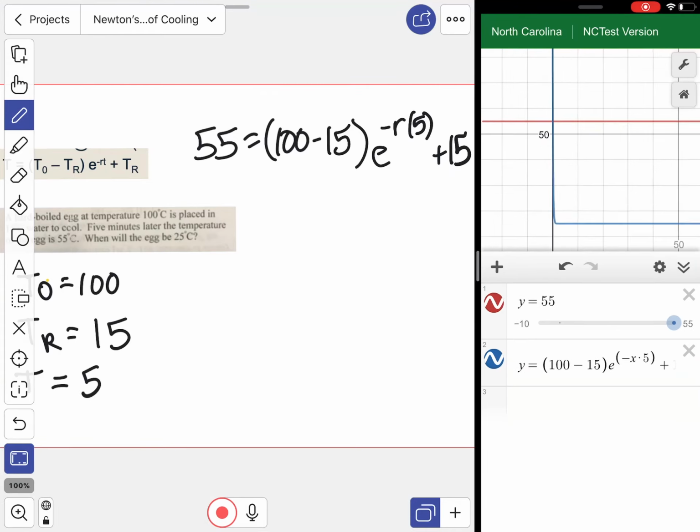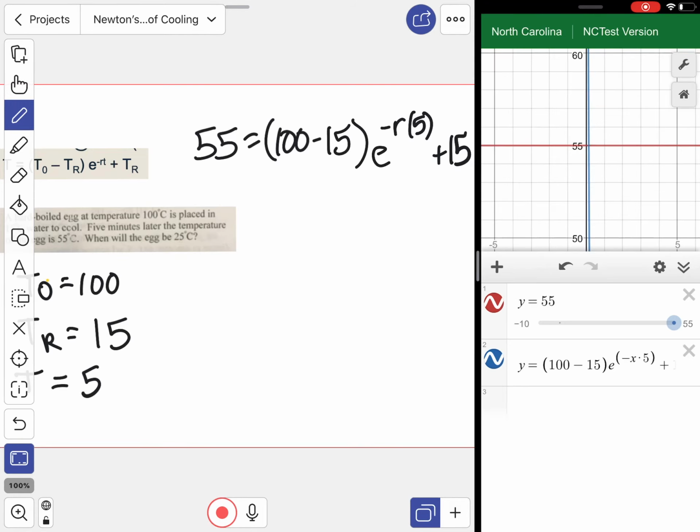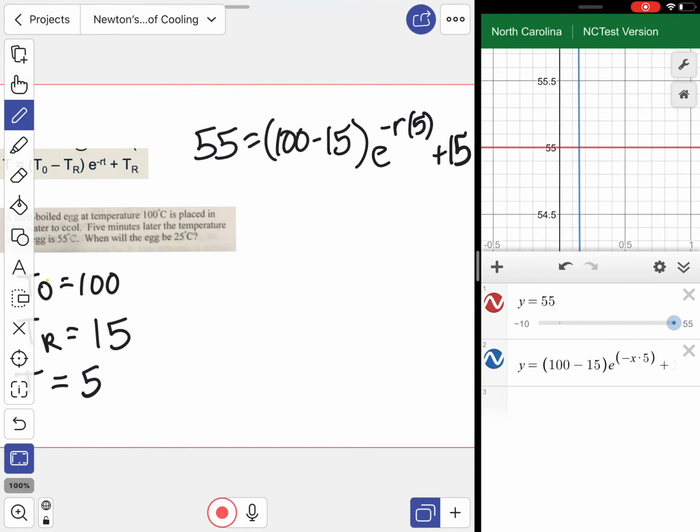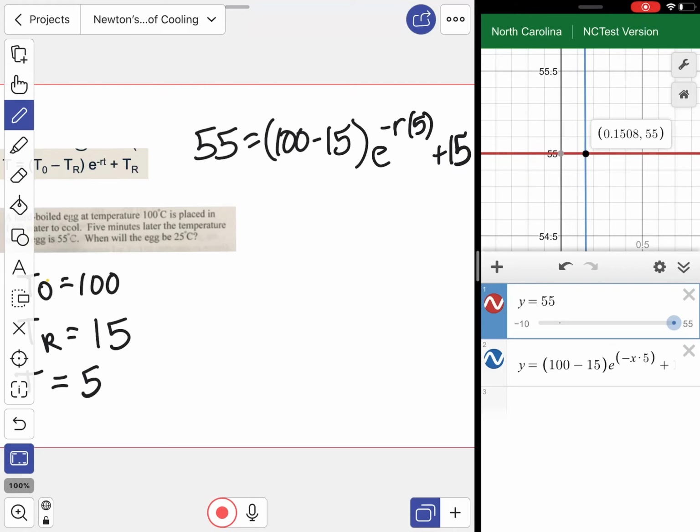Now, what you're looking for is where those two are going to intersect. You're going to have to zoom in quite a bit because it's going to be a very small number, since it's supposed to represent the rate. And my rate is going to be 0.151.